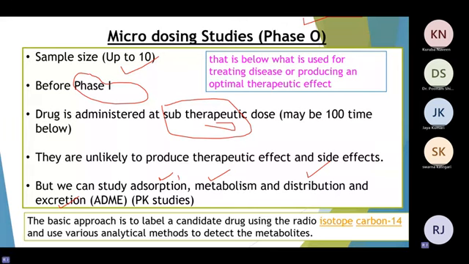So it's good that we test the drug in 5 or 6 people, and we give the drug at a subtherapeutic dose. So the subject will not have any side effect, and we can determine the PKPD also. This is the good way to determine the actual pharmacokinetic property of a drug before going ahead with phase 1. Okay.